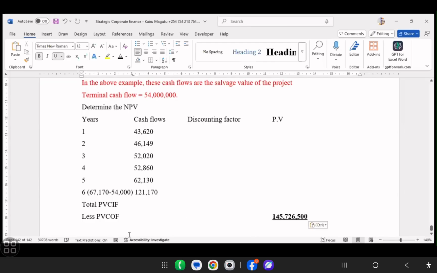Can you determine the cash flows? Then you give me the NPV. Very fast. I'm waiting for you. Look at the cash flows. I'm displaying them. Discount at 15% and give me the NPV.